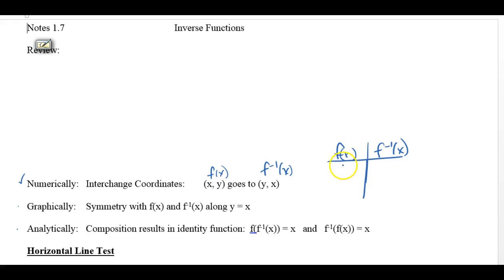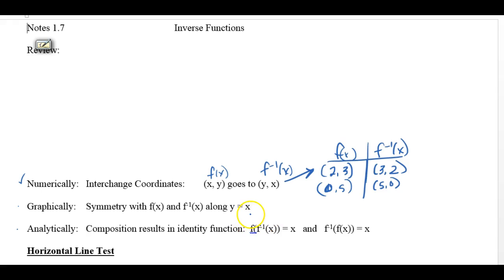If f of x has this point, then the inverse will have 3, 2. The x and y switch places. 0, 5. Then the inverse would have 5, 0 as a point on its function. So numerically those points would be the reverse of one another. Okay, inverses of one another.